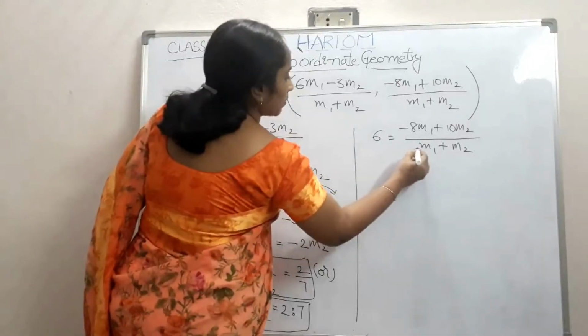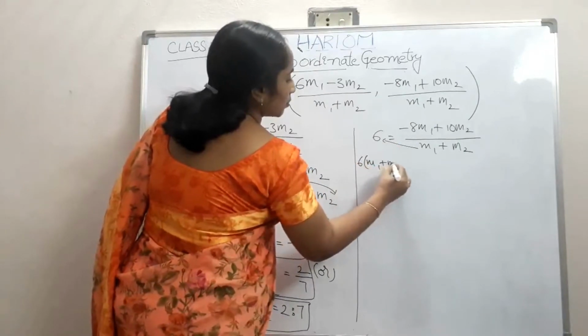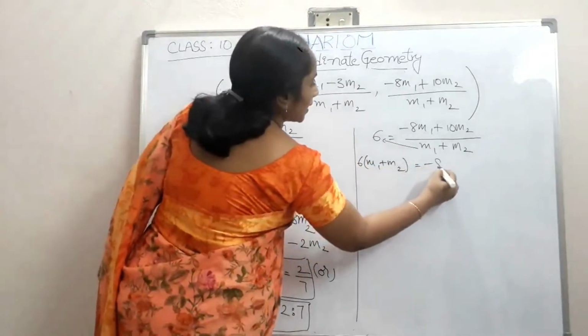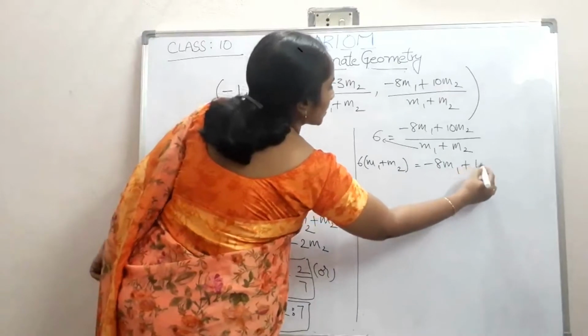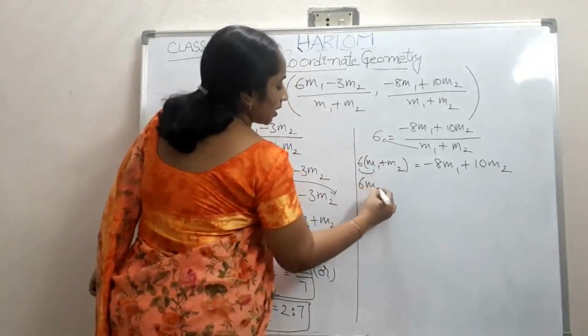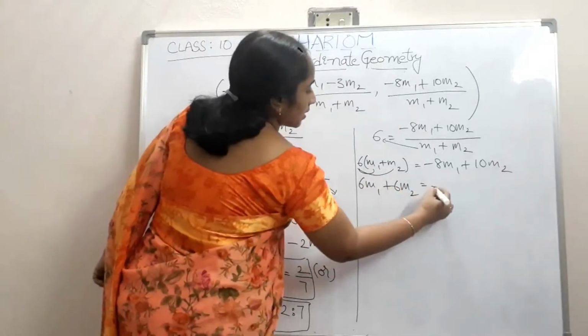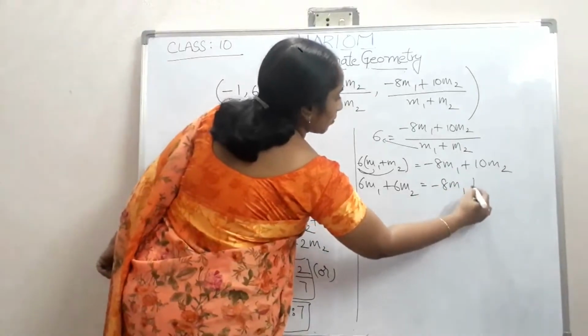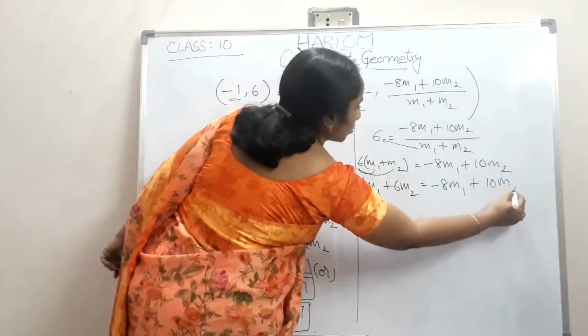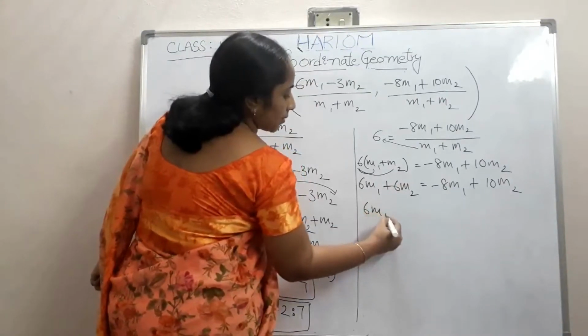See that by cross multiplication, 6 into (m1 plus m2) is equal to -8m1 plus 10m2. Now 6 into m1 plus 6 into m2 is equal to -8m1 plus 10m2. Now take all m1 terms to one side, that is 6m1.